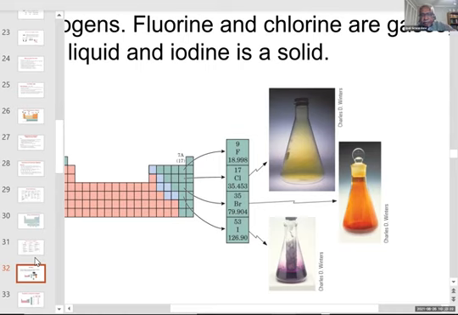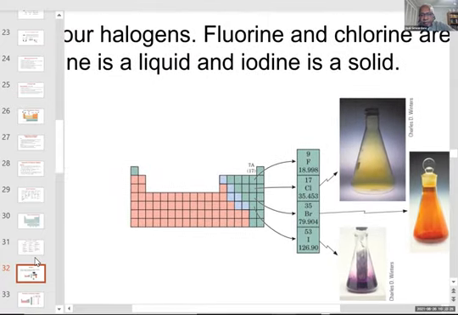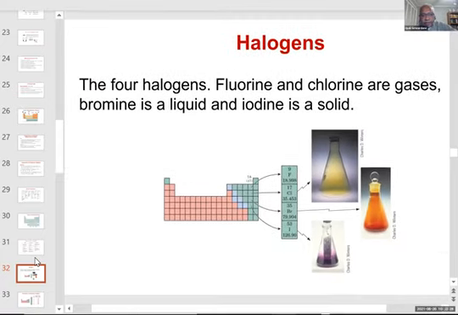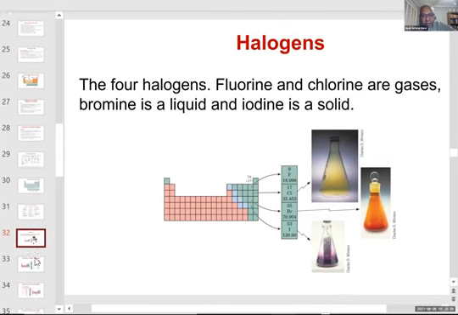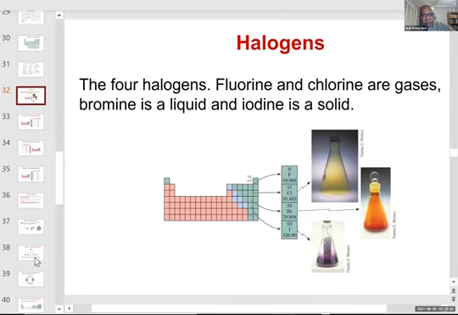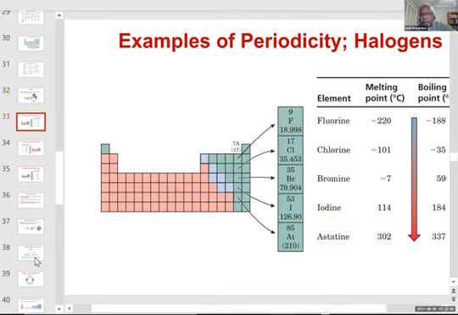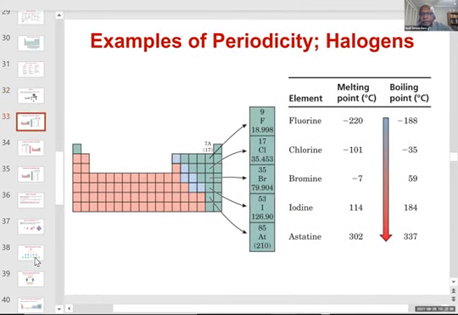They have similar chemical properties, like we described previously when discussing the periodic table. If you look at the physical properties, fluorine has the lowest melting point and boiling point. As we go down the group, melting points and boiling points increase because of the number of electrons.